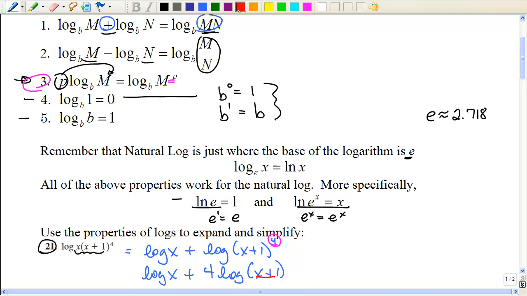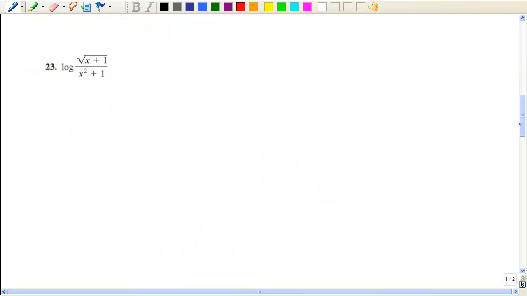All right, so this time we have division. So the law says we can take the log of the numerator and subtract the log of the denominator. Now that looks almost finished, but as we have spoken before, square roots are the same as the 1/2 power.